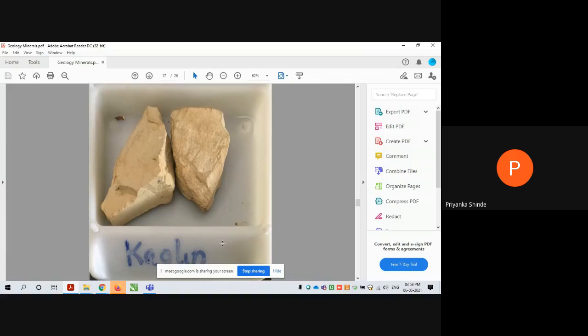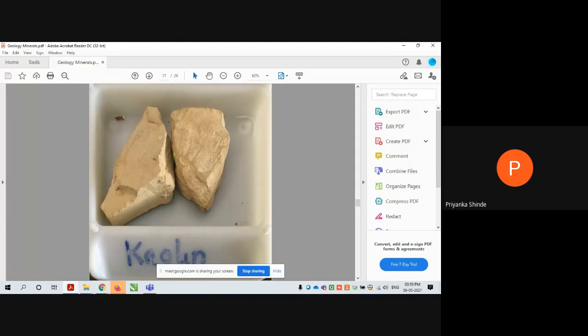Then the next mineral is kaolin. Kaolin is a clay mineral. It is purely clay. The color is buff white or cream color, you can write. The streak, if you check, will be white. The luster is very dull, there is no shining from the surface at all. Its hardness is very less, less than 1.